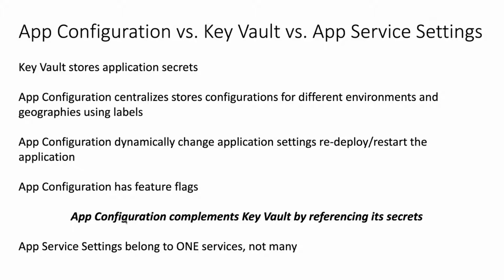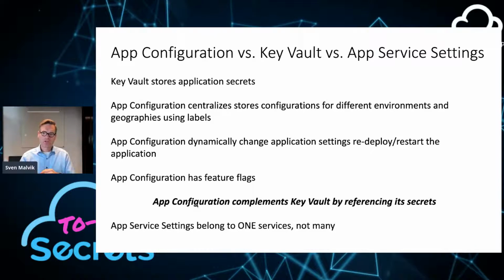At the same time, you can use app configuration, as mentioned, which has feature flags. So you can easily turn it on or off and see the result immediately in your application, of course, if you have implemented it this way as well.